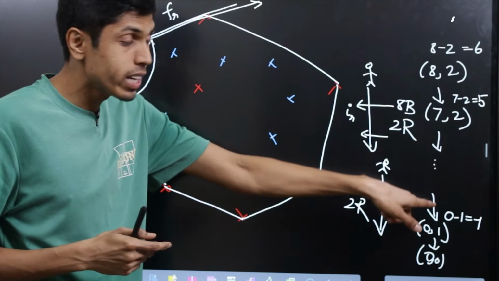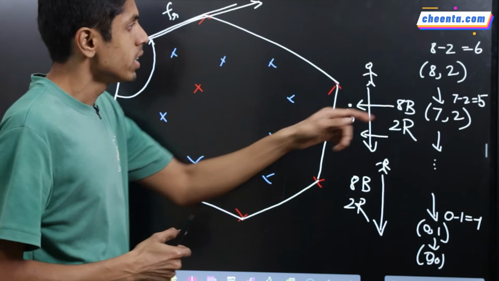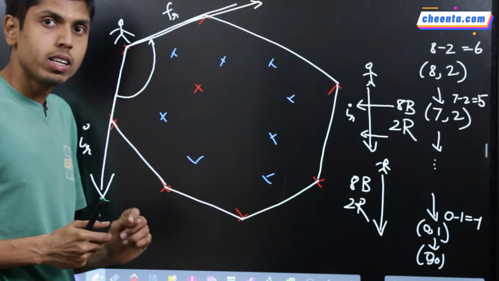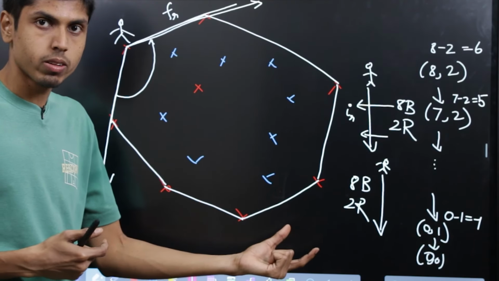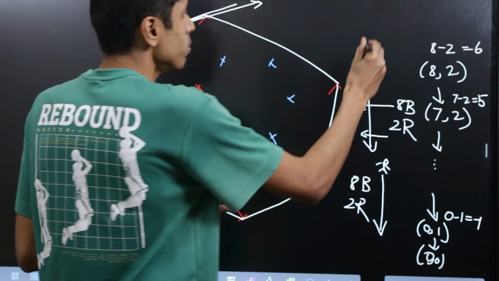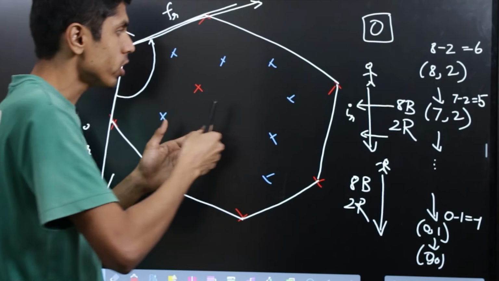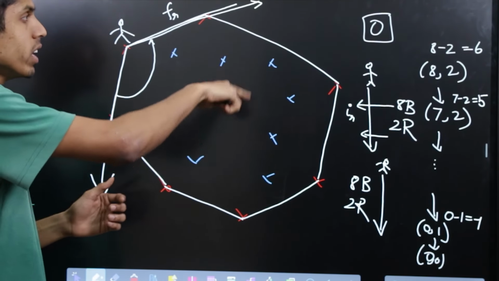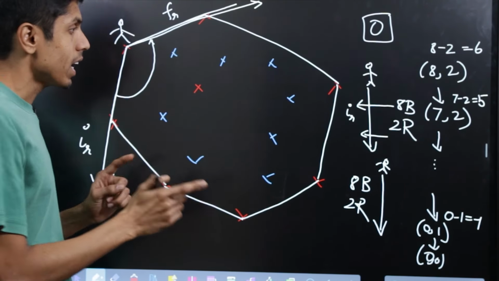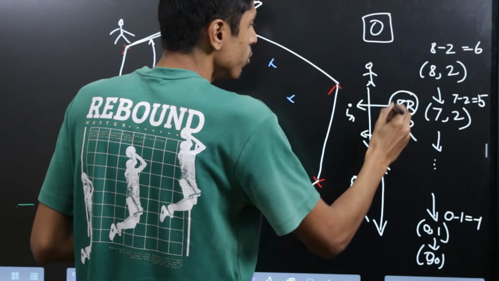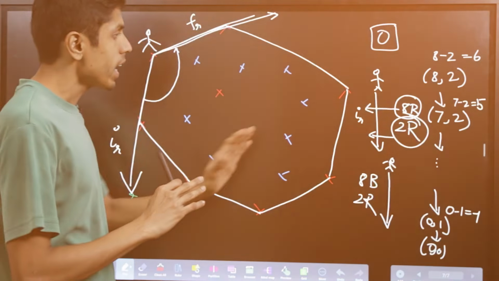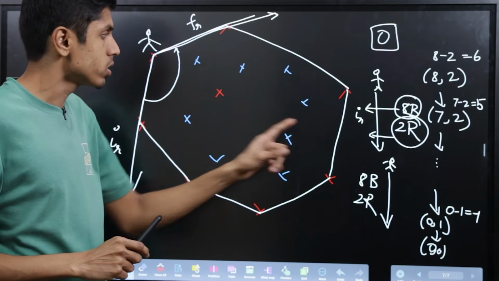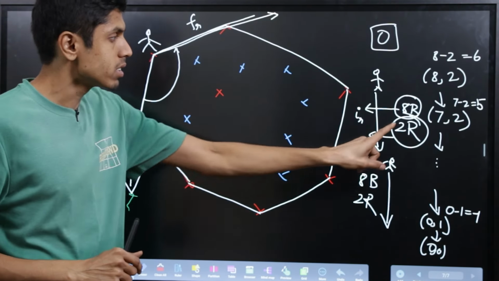For example, if red decreases, there is an increase of 1. So from 6 to minus 1, there is no jump, but a discrete continuity. Observing that, we must encounter 0 at some point while we perform this rotation. And that's when the number of blues and the number of reds on your left side become equal. I cannot point out exactly at which point because it depends on the configuration, but this is guaranteed.